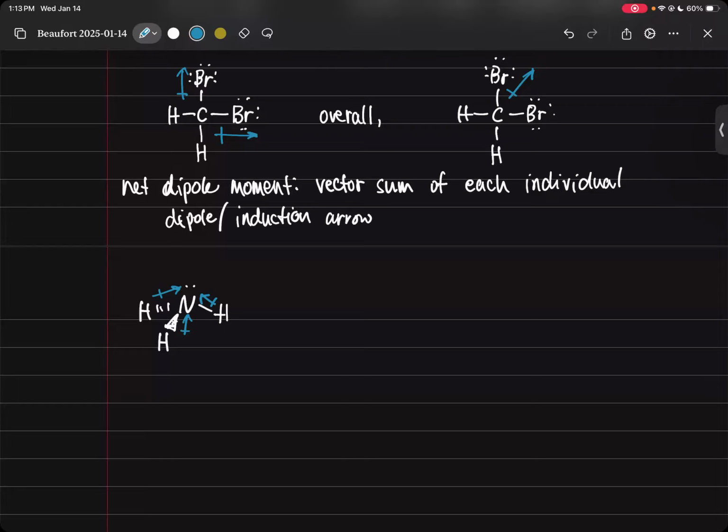Now you'll notice that I've drawn this as a 3D structure rather than like a flat Lewis structure. I guess you could argue I should have done that up there with the bromine one.